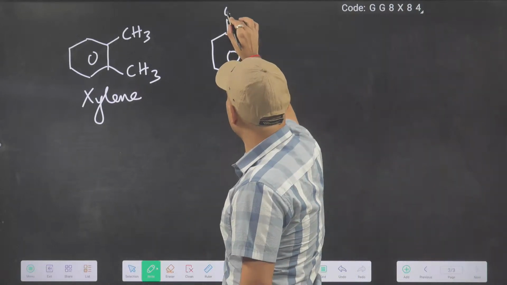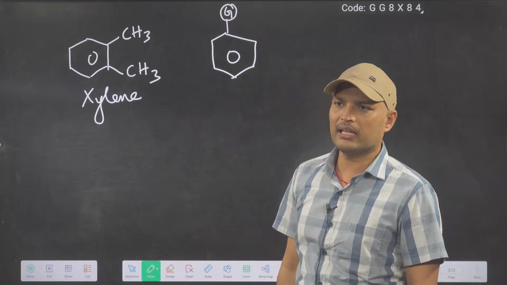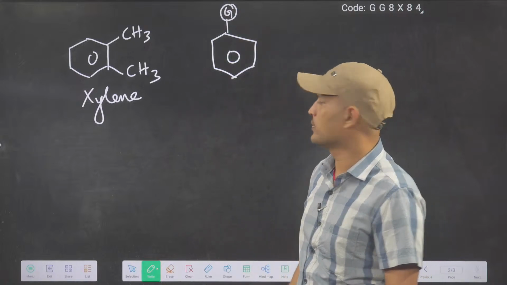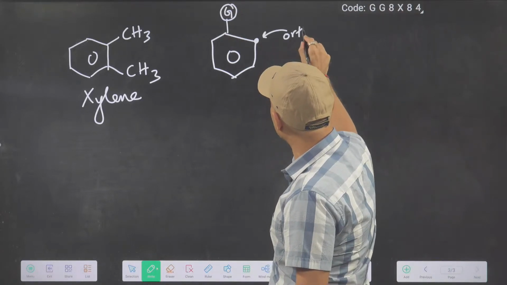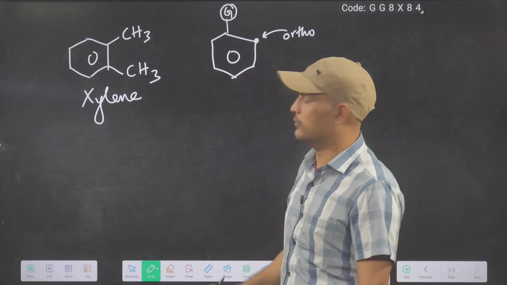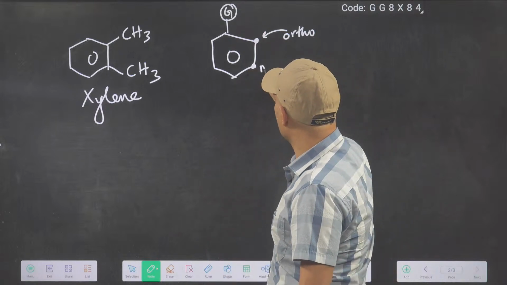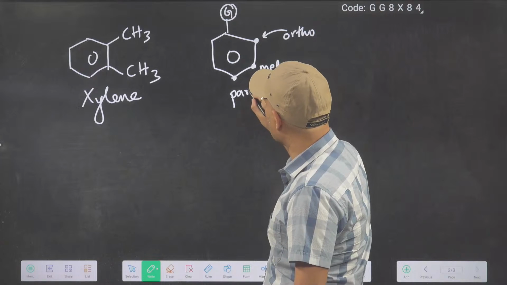If I connect one group here, suppose G, then beside this position is known as ortho. This position is ortho with respect to this group. This position is known as meta. This position is known as para.